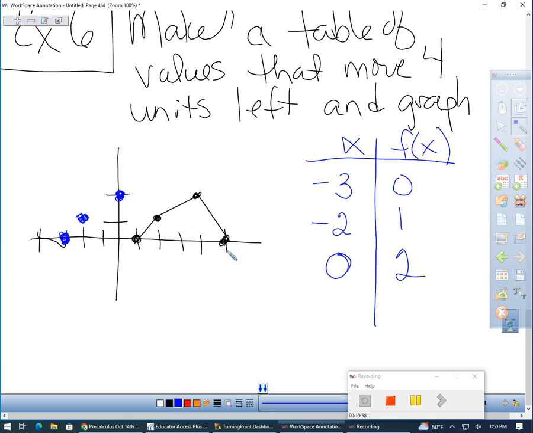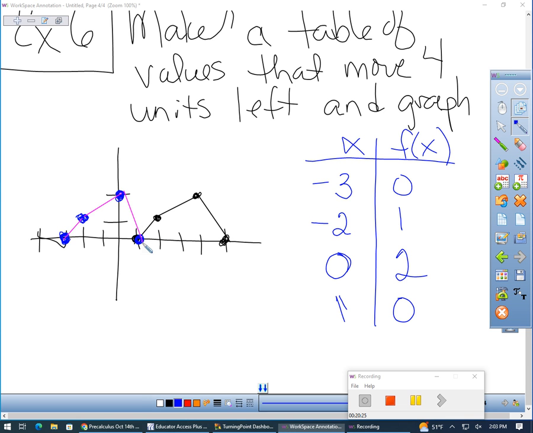And the last point, if I move to the left 4, 1, 2, 3, 4, is 1, 0. Okay. And now let's go ahead and connect our dots and see if our shape looks pretty close to the same. Hopefully it looks close to the same. Good. And that's what it's supposed to look like.